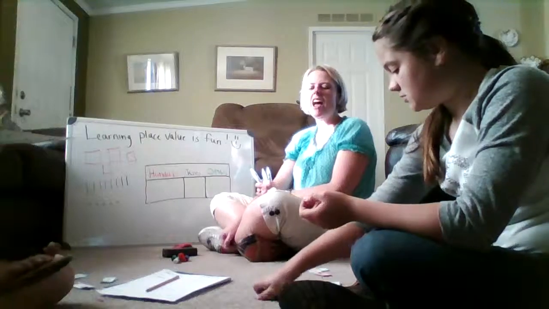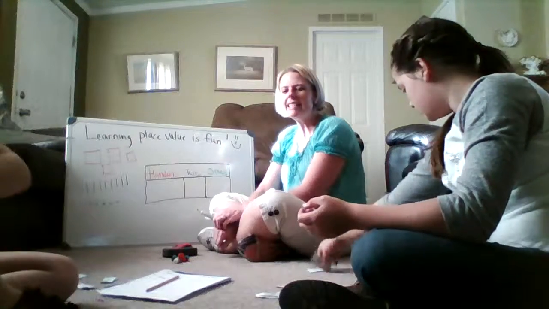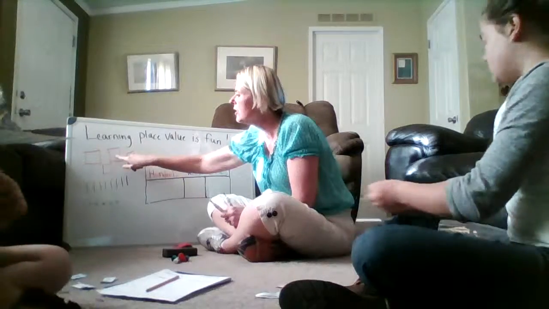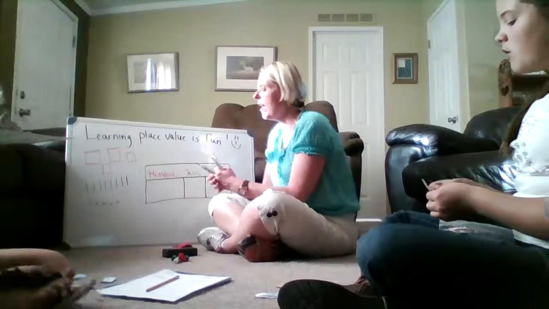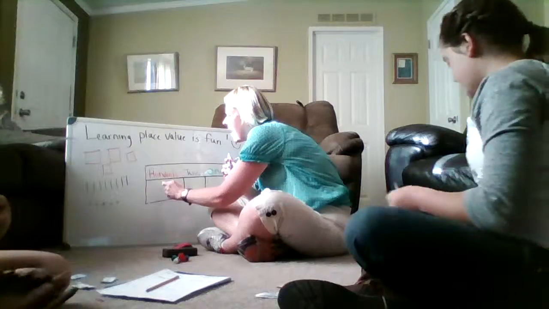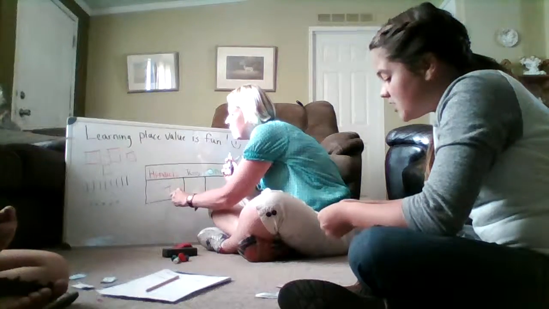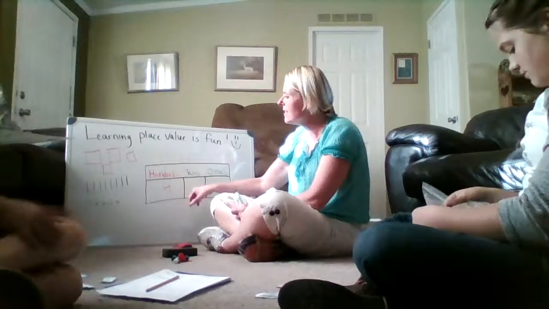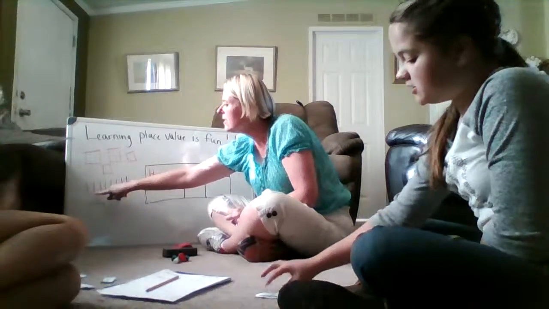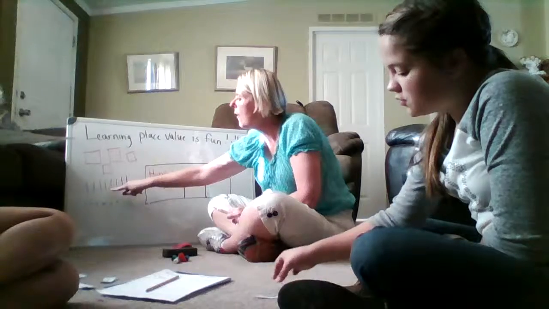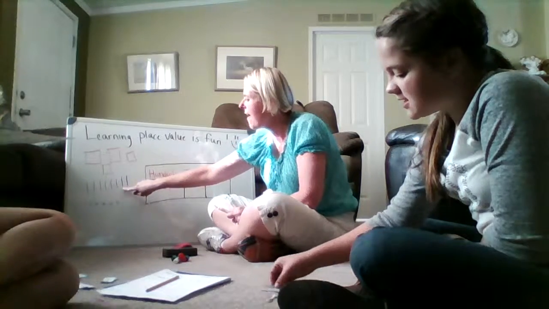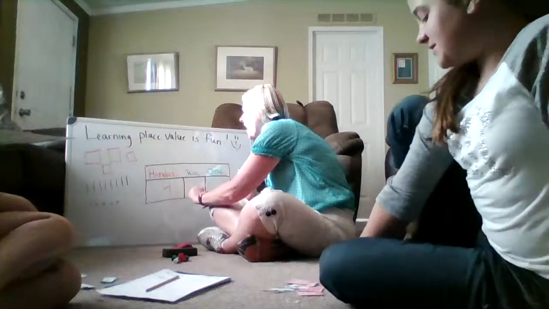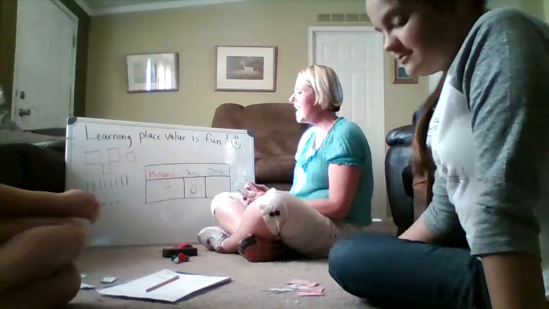Okay, so now let's count. How many hundreds did we find? 1, 2, 3, 4. We found 4 hundreds, and I'm going to write it in the hundreds column. And then how many tens did we find? 1, 2, 3, 4, 5, 6, 7, 8. We found 8 tens.